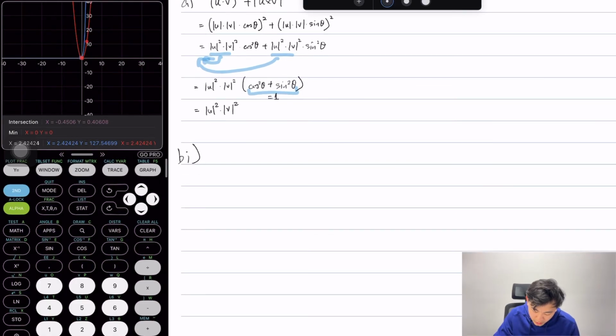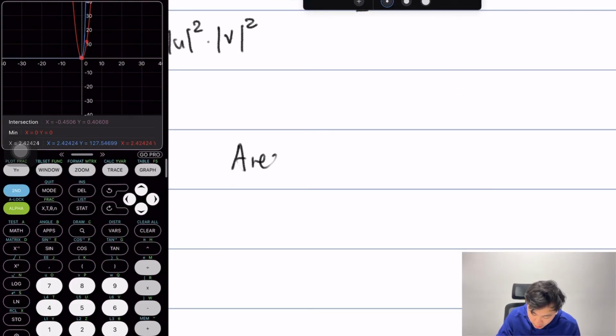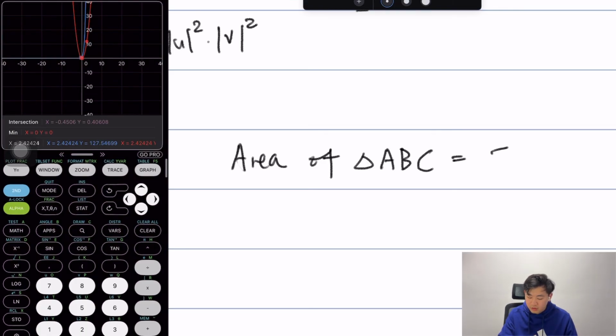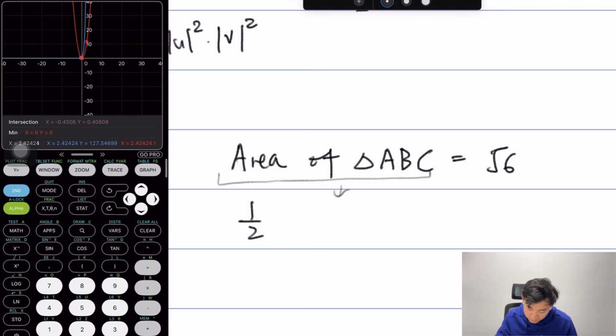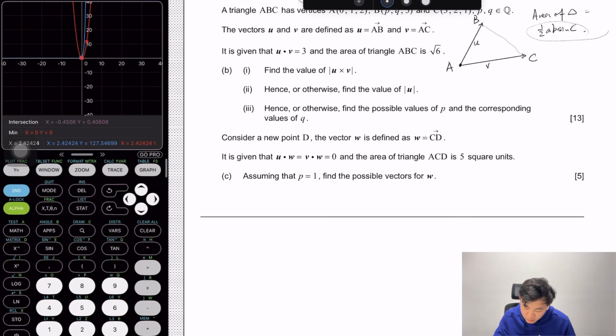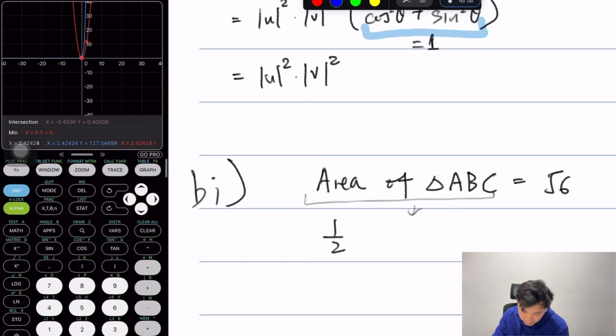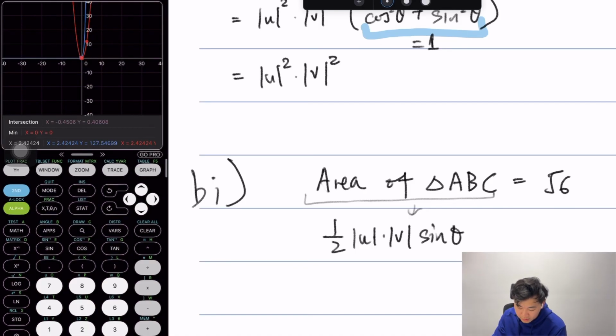The area of triangle ABC is equal to root 6, which means we can use the formula, half of u times v, half ab, and then sine of the theta angle there, is equal to root 6.